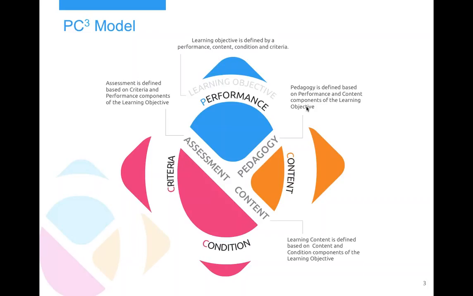So depending on what kind of performance we want from the learning objective and what kind of content is being taught, an appropriate pedagogical technique is to be chosen. The content topics itself rely on the content that we want to teach as part of the learning objective and the conditions under which this learning objective is to be achieved. And then the assessment basically relies on the performance and criteria aspects of the learning objective. And that's what you see in this PC Cube model figure over here.